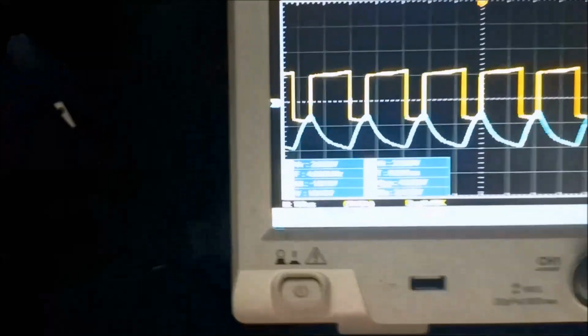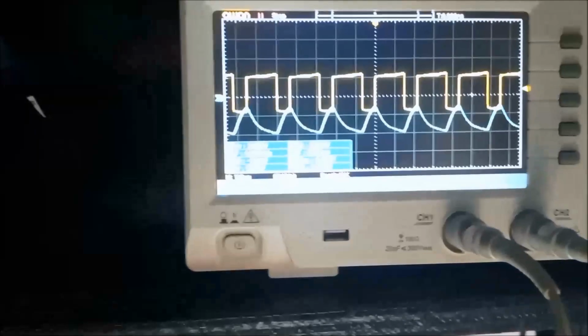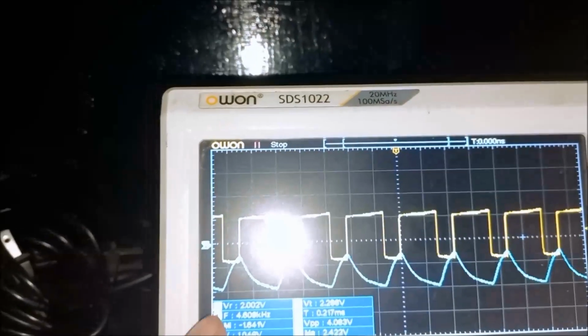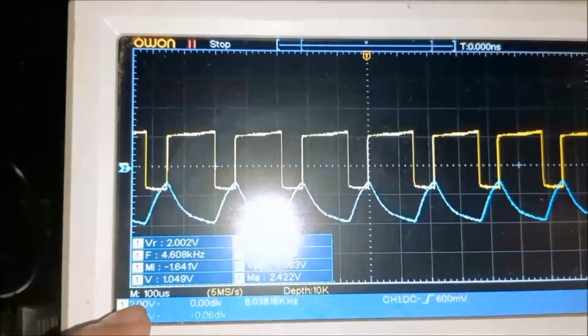And the frequency is still at, I think, 4.6 kilohertz, 2 volts per division.